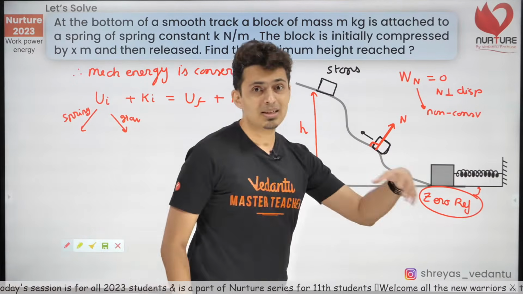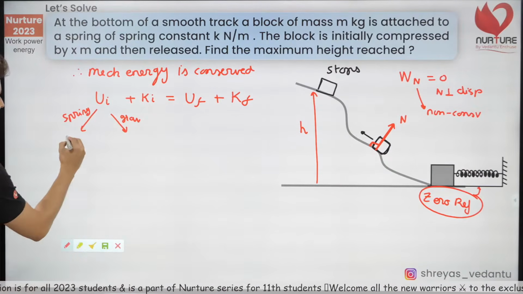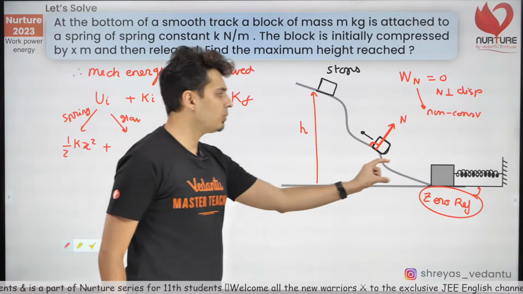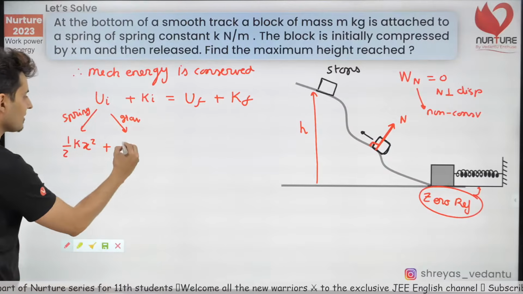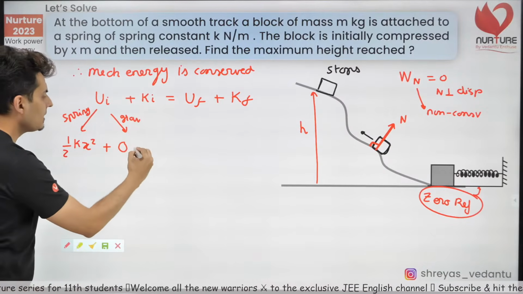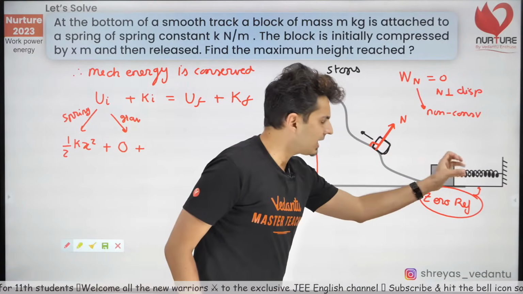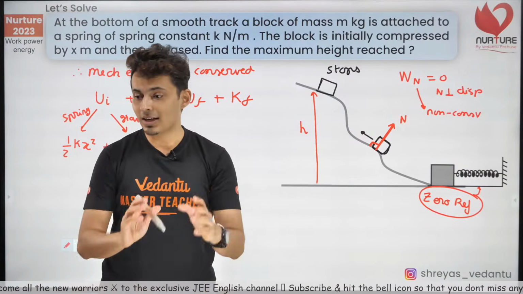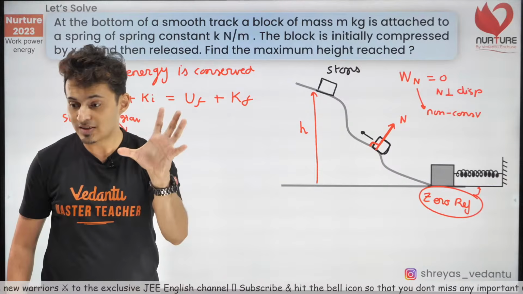When you compress it, the spring potential energy is obviously half k x square. The gravitational potential energy is obviously 0. Kinetic energy, because you have compressed it and just left it, it has not yet gained kinetic energy. Yes, it is just 0.